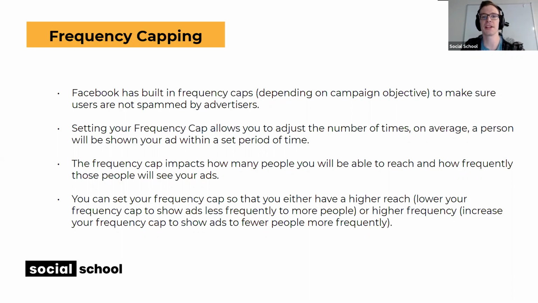Setting frequency caps in certain campaigns, like engagement campaigns, reach campaigns, and video view campaigns, will allow us to adjust the number of times, on average, a person will be shown your ads within a set period of time. Frequency caps can really impact how many people we'll be able to reach and how frequently.